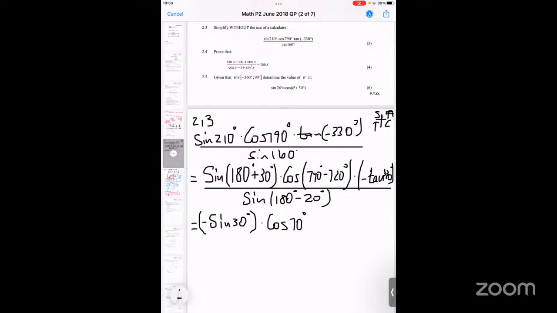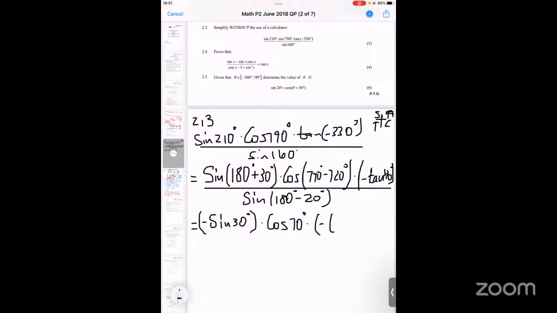Now for tan, we initially took out the negative, but in order to solve for its angle, we said 360 minus 330, which gives us 30.